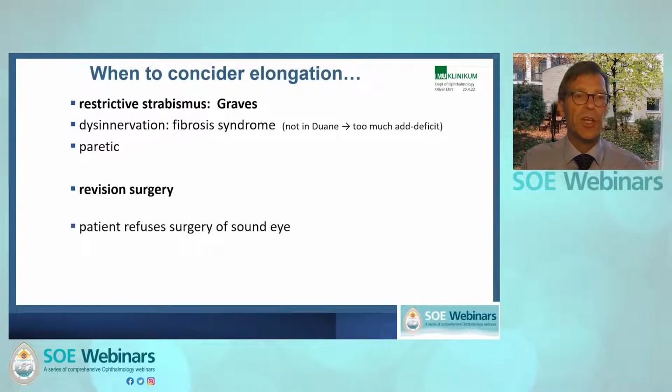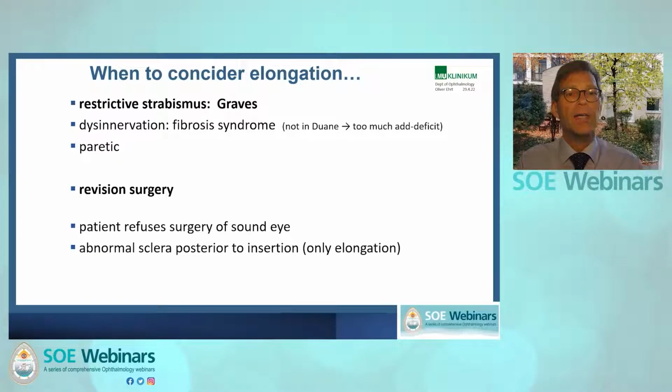You can use it if the patient refuses surgery on the sound eye and you have to get more effect on the already operated eye. And you may also use it if you find very abnormal sclera posterior to the insertion, so you can reattach the muscle to the original insertion using the tutopatch.